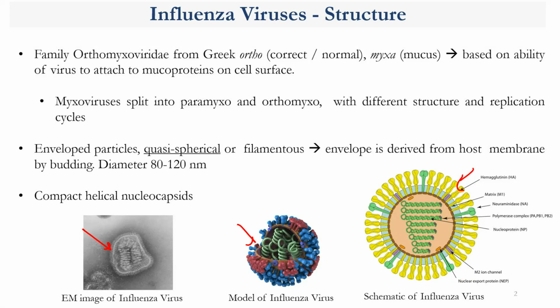Something we haven't seen before yet. Yeah. The genome is fragmented. Okay? So instead of one long genome, you have various fragments of the genome. So this is, again, a negative sense RNA virus that has a fragmented genome.